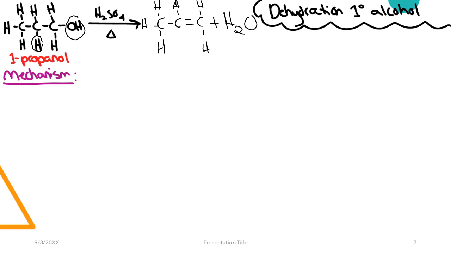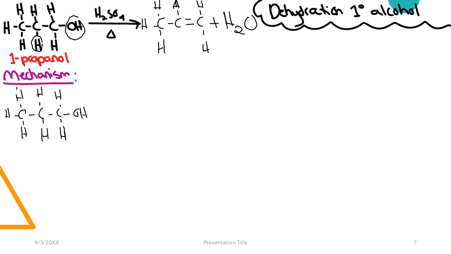Okay, so the first step of your mechanism is always protonation of the OH group. This OH group, as it is now, is a poor leaving group, which just means that this CO bond is too strong for it to break easily.